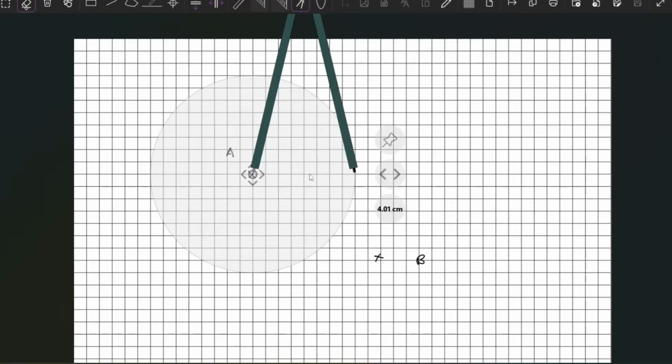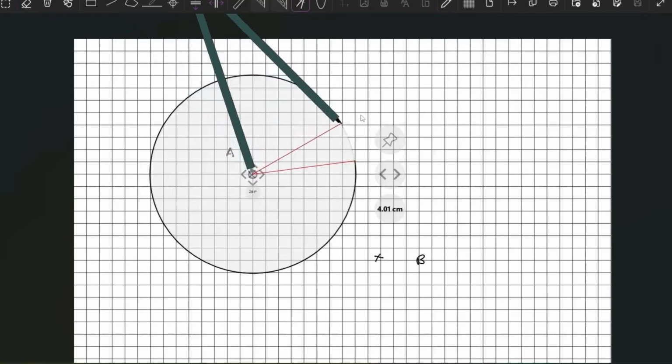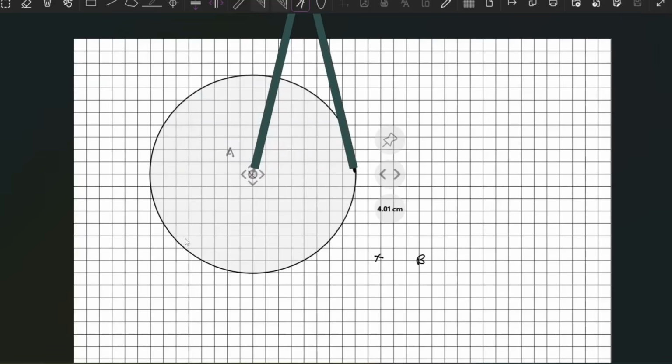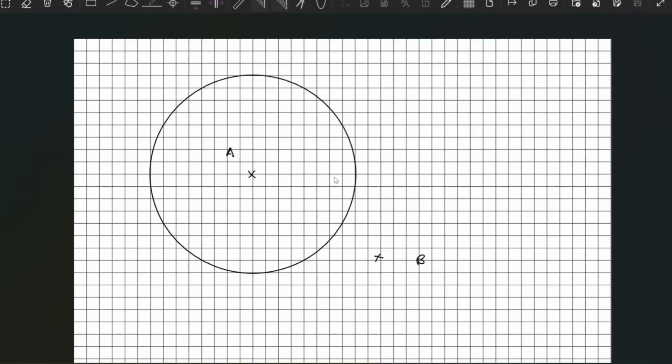Once I've set the radius, I need to draw a circle around this point for question A. So I'll draw a full circle around this point. And the radius of the circle is 4 centimeters. It means that all the points on this circle are 4 centimeters from point A. So we've answered the first question.